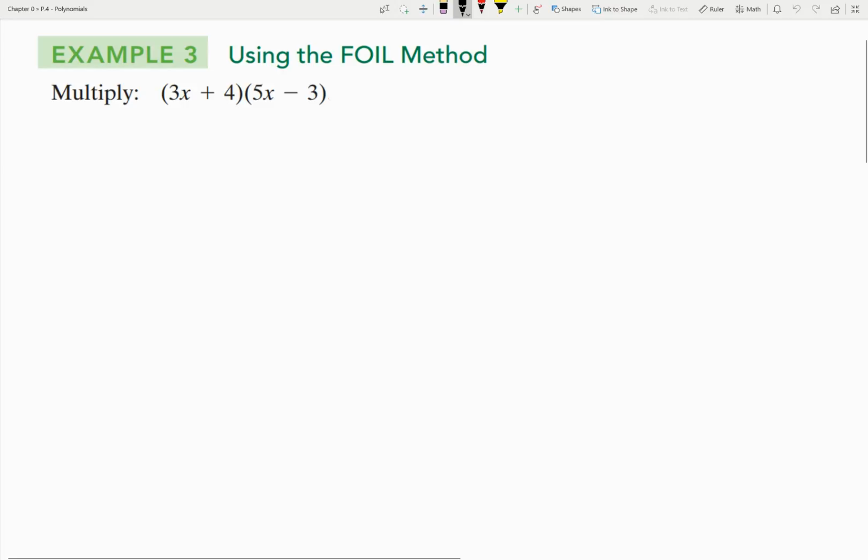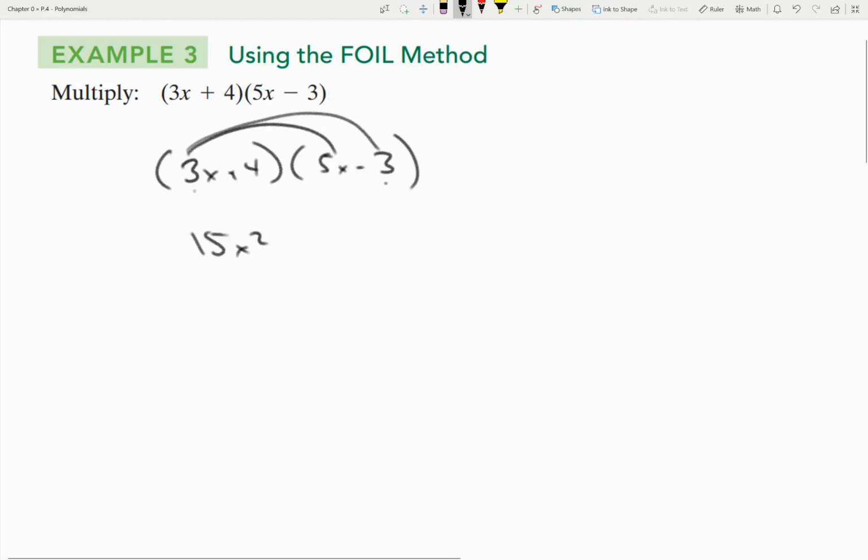Okay, so instead of distributing this, let me rewrite this, 5x minus 3. Let me use the FOIL method. So first would be 15x squared. Outside, right, these two on the outside, would be 9x. These two are on the inside.